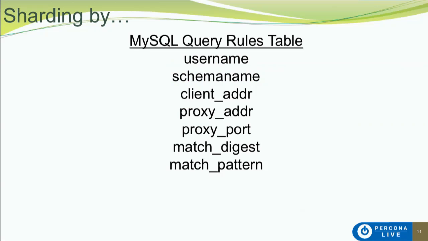The logic in ProxySQL to manage the sharding is in MySQL query rules, and what you can shard by are these kinds of things. You can shard by username, by schema name, by client address, by proxy address, proxy port, and match digest, which means by the query that you need to eventually convert, and match pattern.